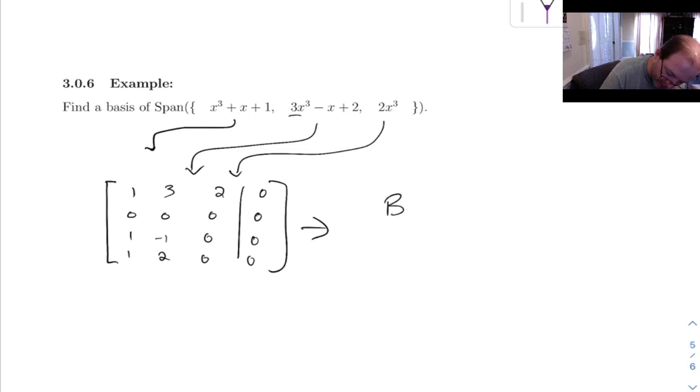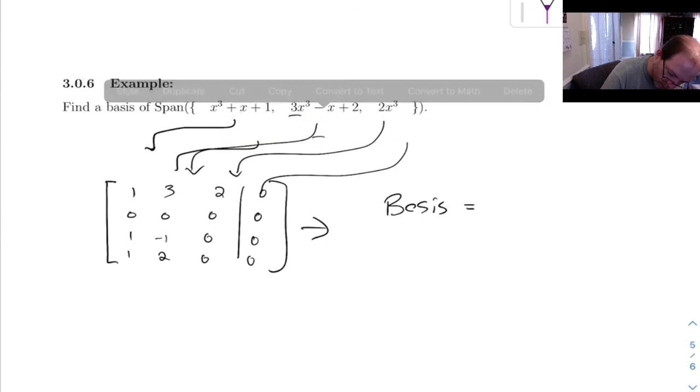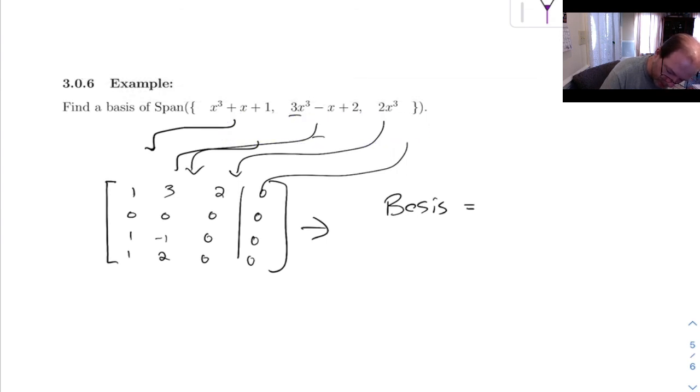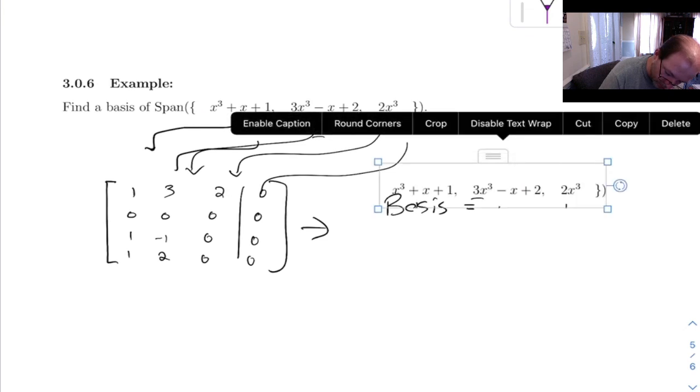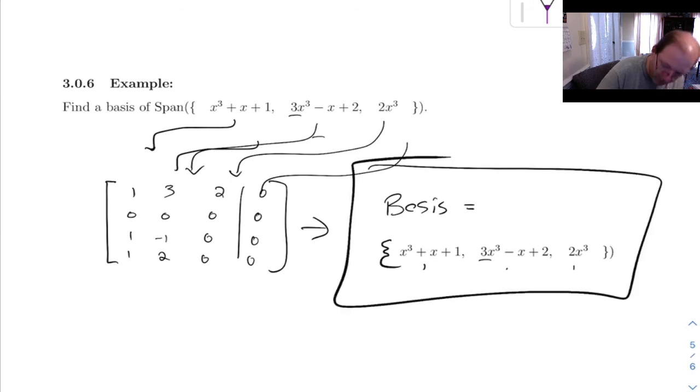So therefore the basis is going to be all 3 of them. Oh well. All right, and that's it.